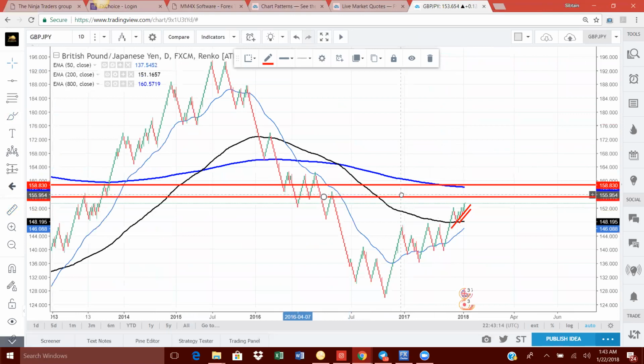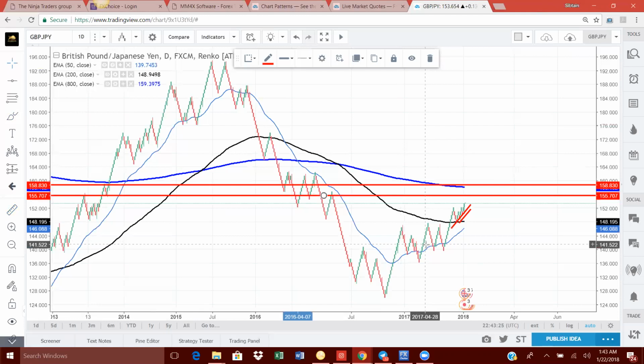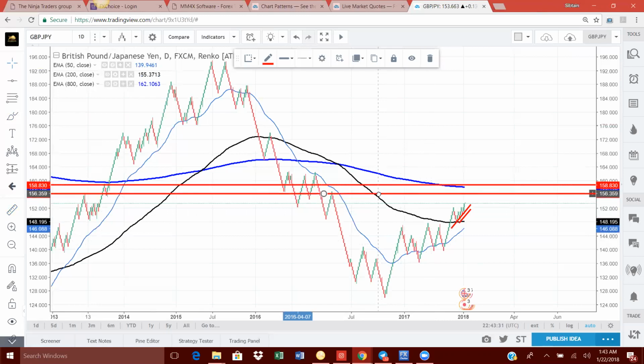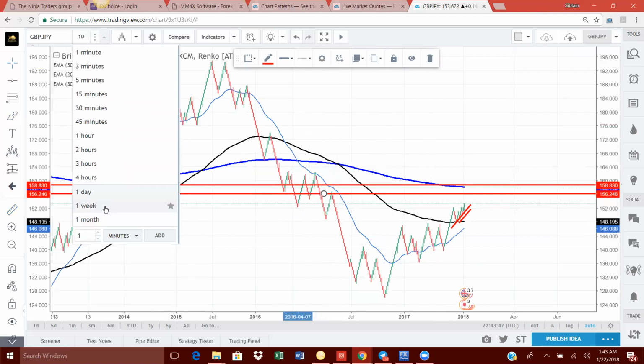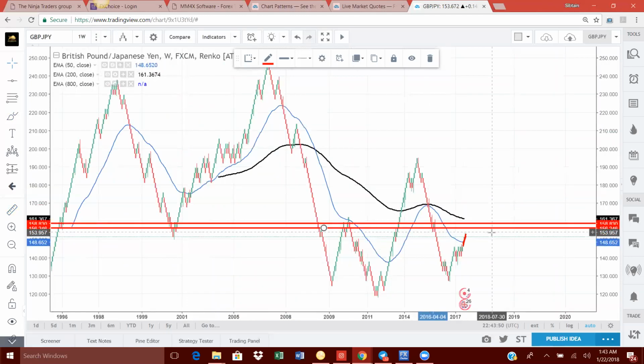So 156,350, or 156,250. That's a resistance level, a very big resistance level on the daily and also on the weekly.